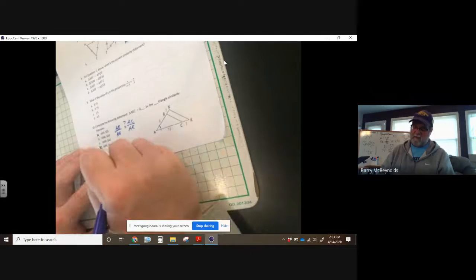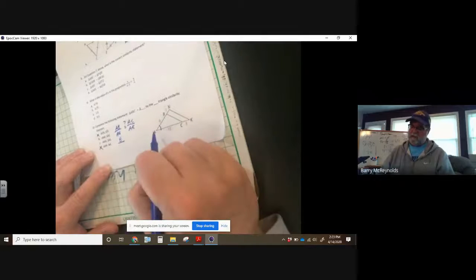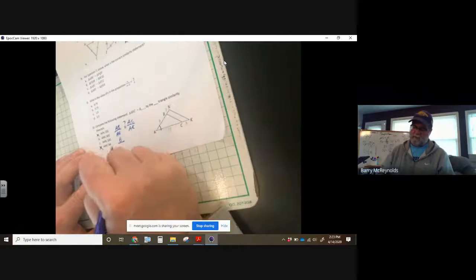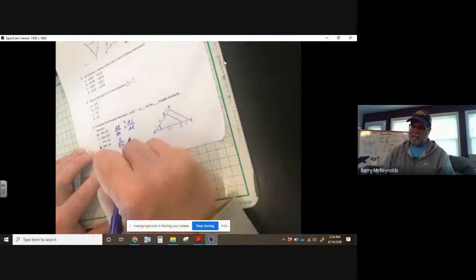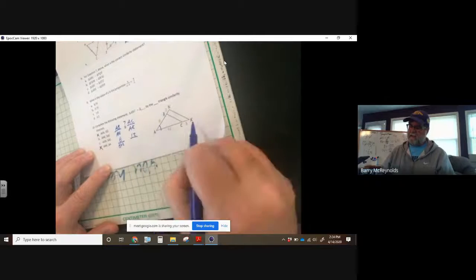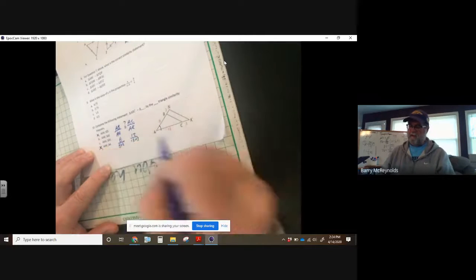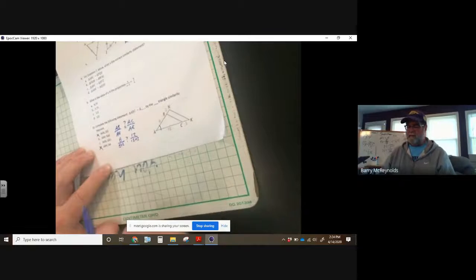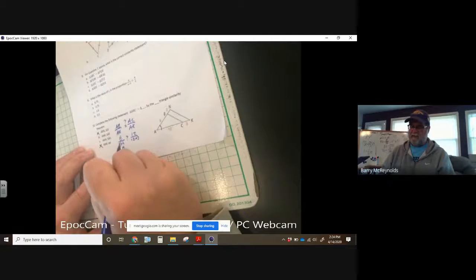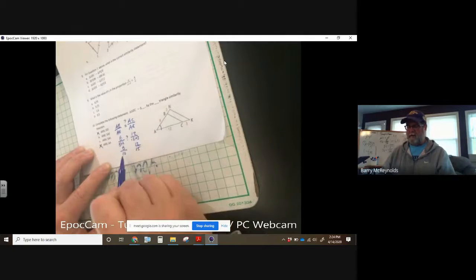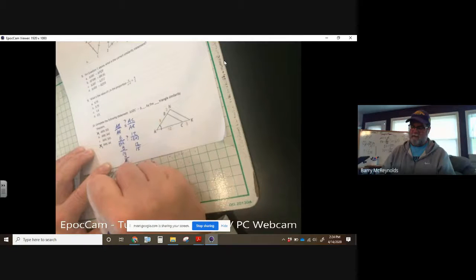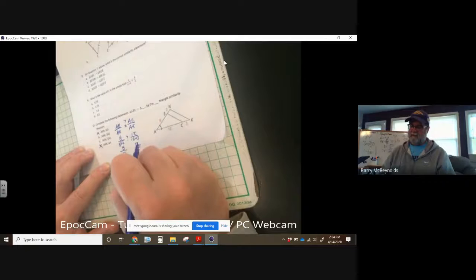The length of AB is 8. The length of AN is 8 plus 2, or 10. AC is pretty obviously 12. AK is now 12 plus 3. So I still don't know if those are equal yet, so I'm going to keep on simplifying. 8 over 10, 12 over 15. I reduce this to lowest terms, factoring out a 2 here, I get 4 over 5. And factoring out a 3 here, I get 4 over 5.